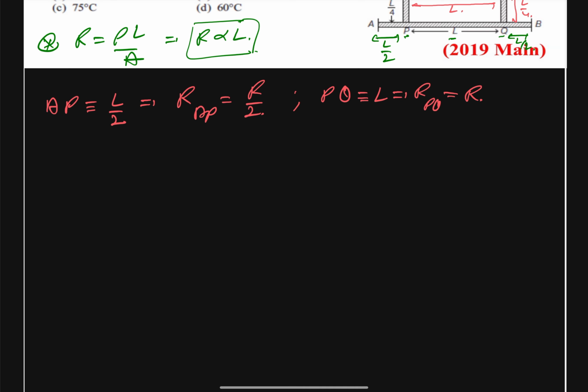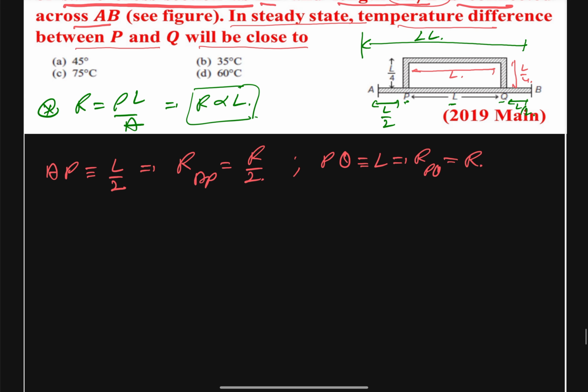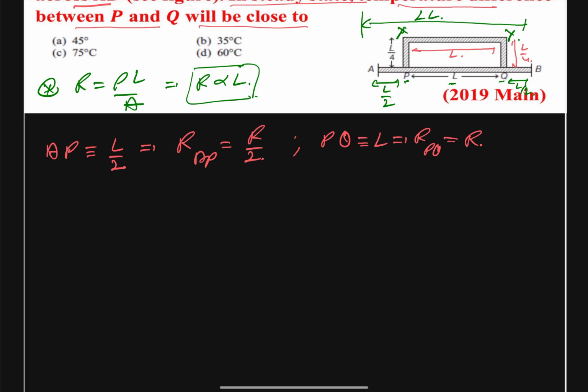Finally, let this be PQ, and let us call this end X and this end Y. So we have PX, whose length is L by 4, so the resistance of PX is equal to R by 4.